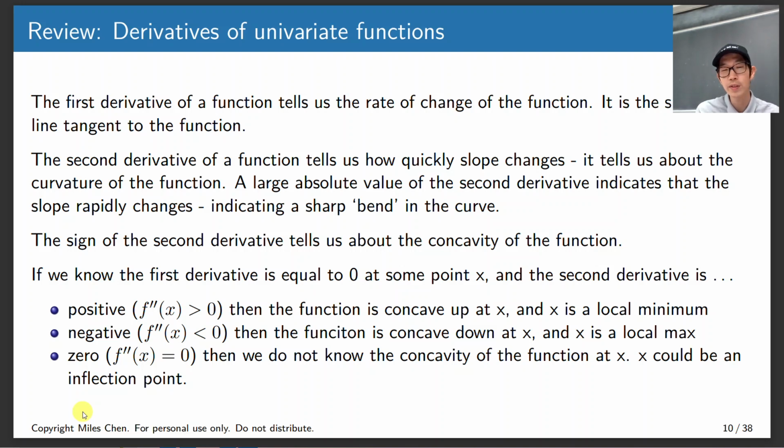If the second derivative is negative, meaning it's going from positive to negative, then the function is concave down at x, and it's going to be a local maximum. And if your second derivative is equal to 0, then we don't really know the concavity of the function at x. x could be an inflection point. You have these saddle situations, things like that. That could be the case as well.